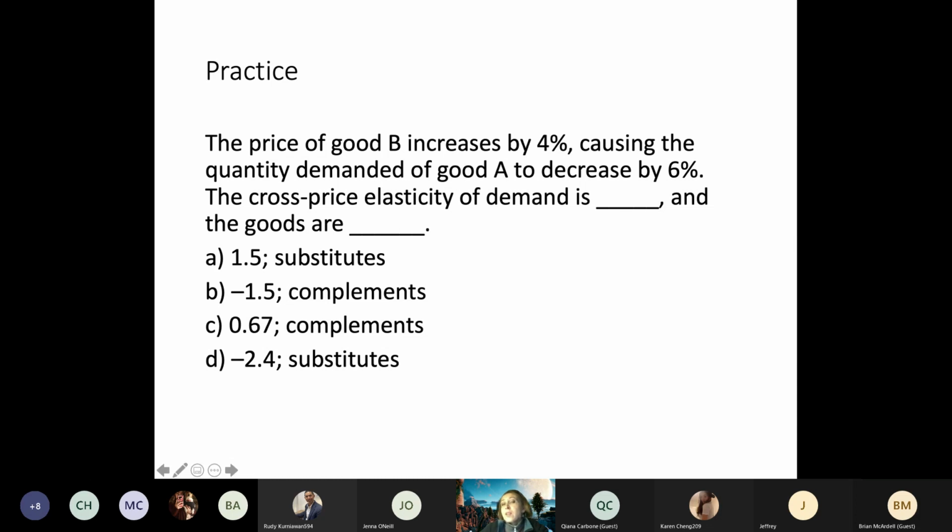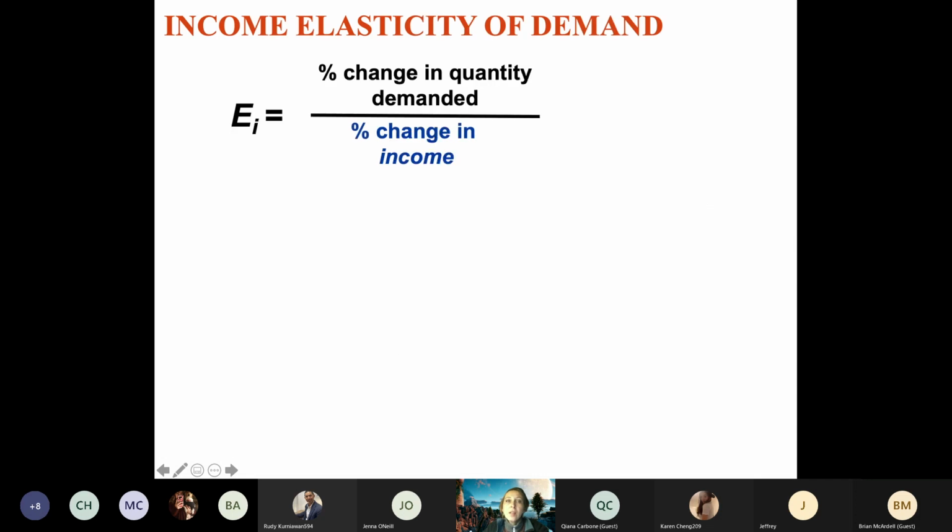We already know the answer is negative. Quantity is on top, price is on the bottom of this fraction, so it's 6 divided by 4, and we have the number 1.5, and it's negative. The two goods are complements, and that's how you answer that question.